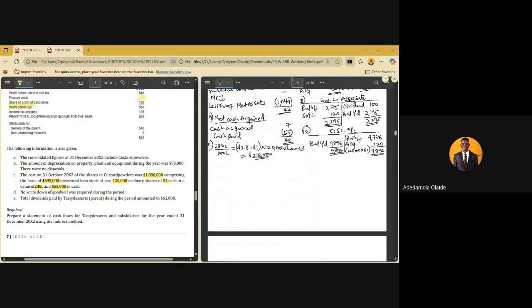But at the same time, it is to finance acquisition. So it's not coming to our cash flow. Note 12. We go to the next one.